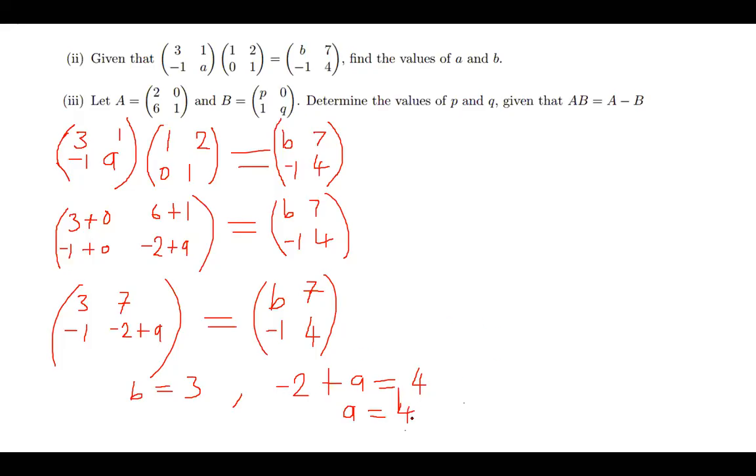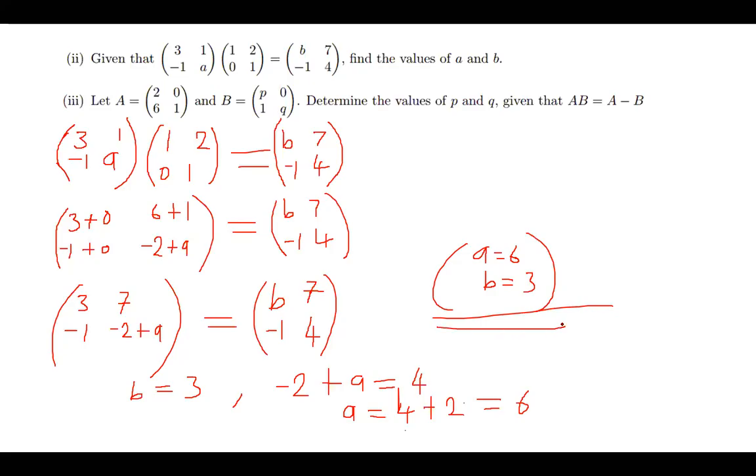So this will be 4 plus 2, which is giving me 6. So meaning the values of A and B are as follows. A is equal to 6, and then B is equal to 3. So these are the values of A and B that they wanted.